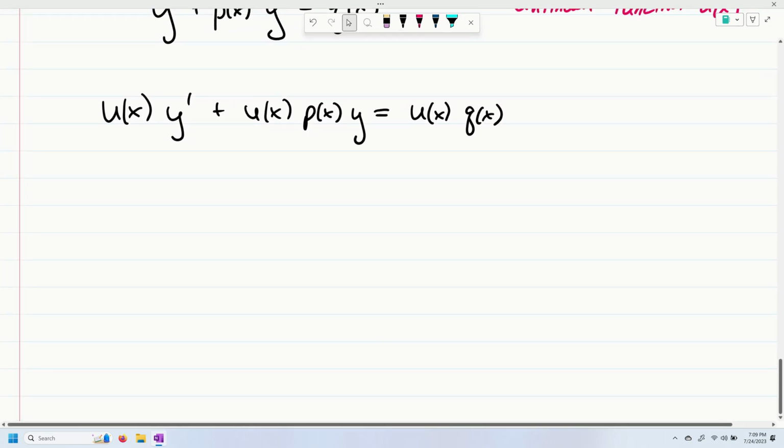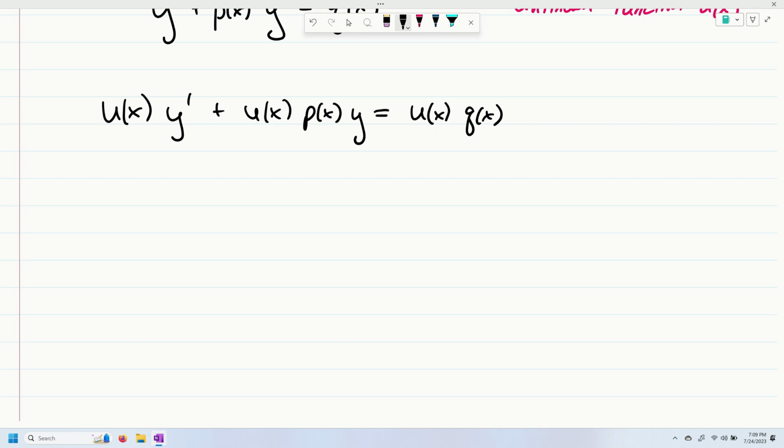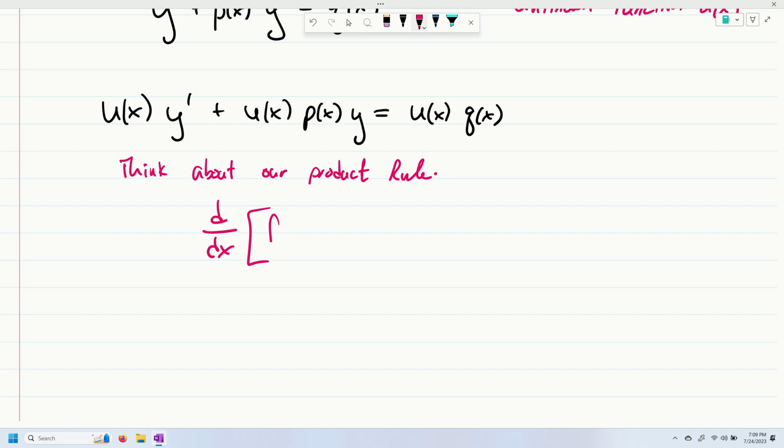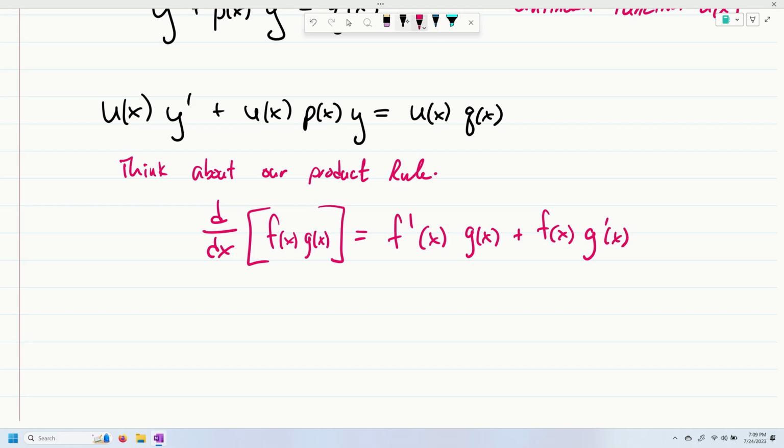Now we're going to go ahead and start labeling things. If we think about the product rule, we know the derivative of f of x times g of x is going to equal f prime of x times g of x plus f of x times g prime of x.